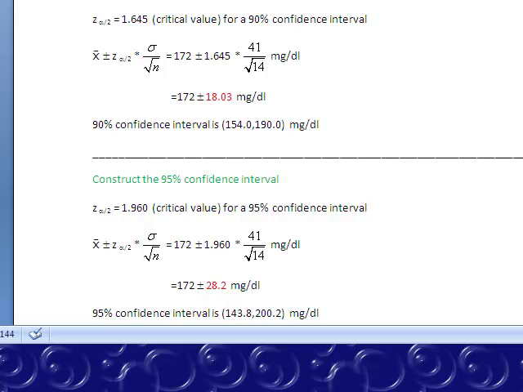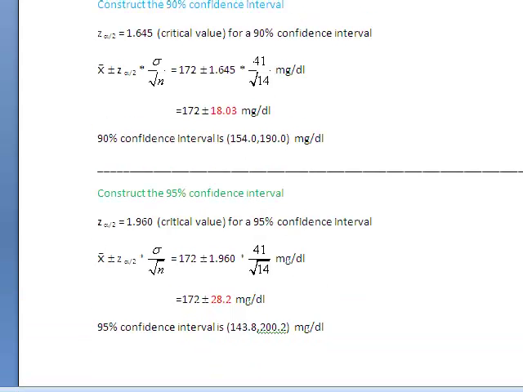What we can see here, and we've talked about this many times, is that as our confidence level increases, our confidence interval width also increases, because you see this margin of error increasing. So this is a great example of the increasing of the confidence level that increases our confidence interval length.